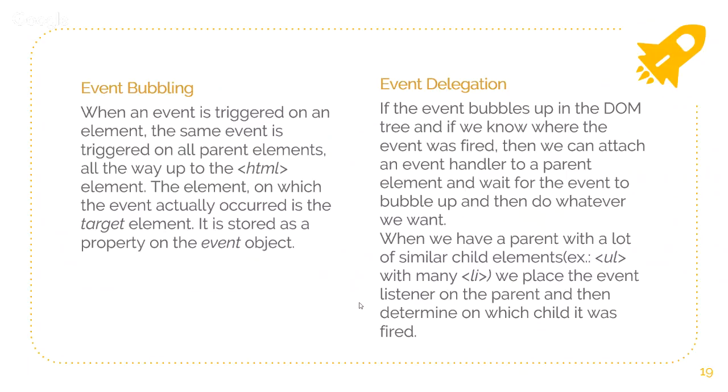This essentially means that if we have an unordered list and we click a list item on it, the click event is going to be triggered on the list item itself, on the unordered list element, and any parents the unordered list element may have, all the way up to the body tag, and the parent of the body tag, which is the HTML tag.